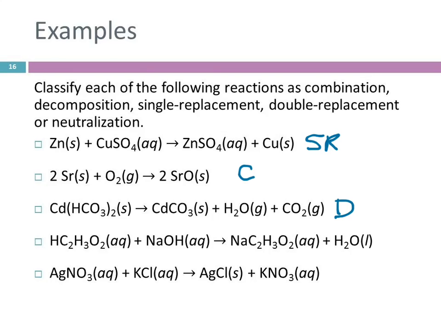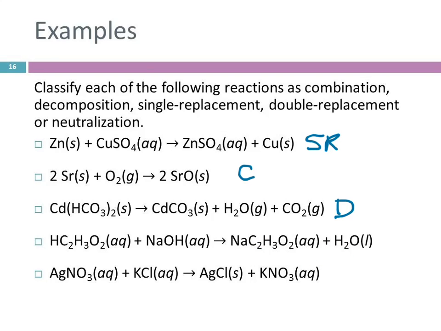How about this one? It is a double replacement, but it's a special double replacement. What kind of a compound is this? It's an acid. And this is a base. Bases have OH in them. And we're ending up with a compound and water.